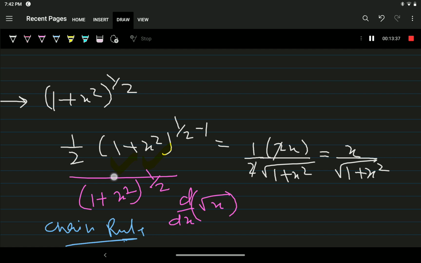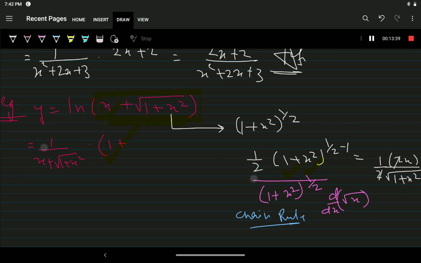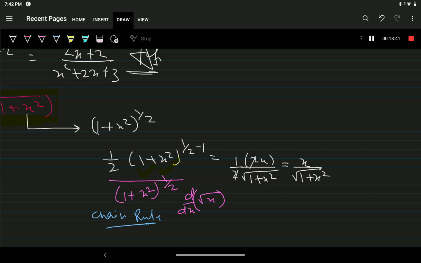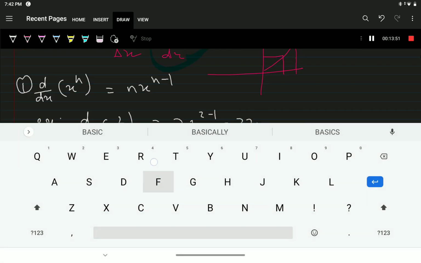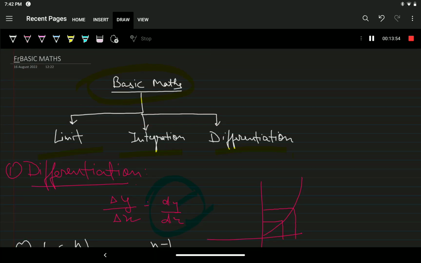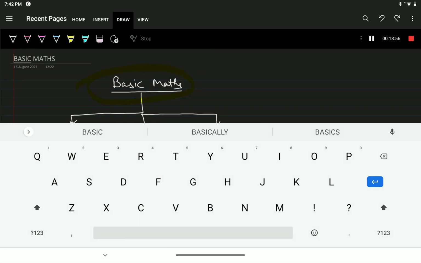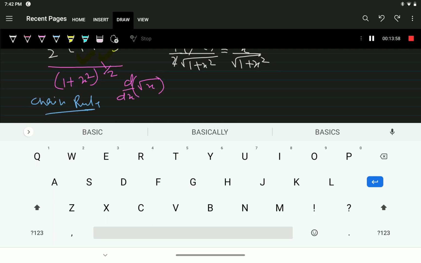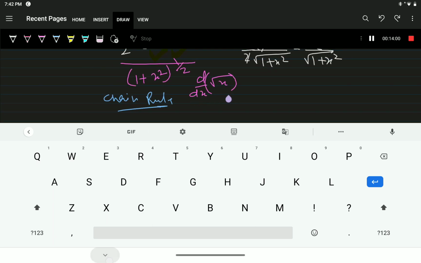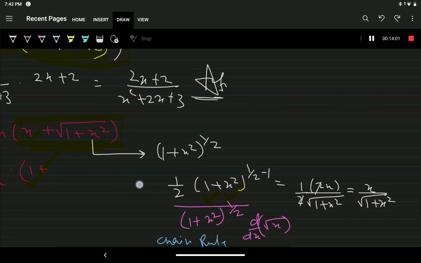So the final answer is, this is the differentiation of root over 1 plus x squared. We just need to substitute the values over here.